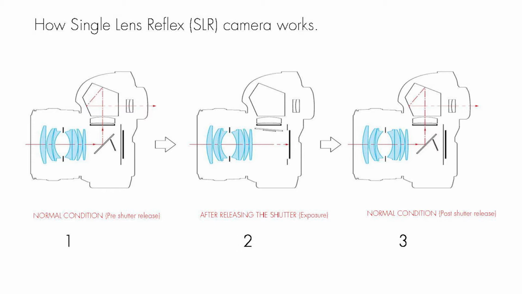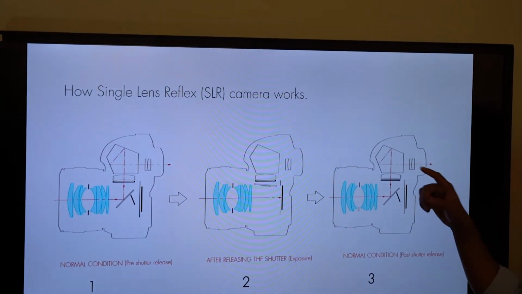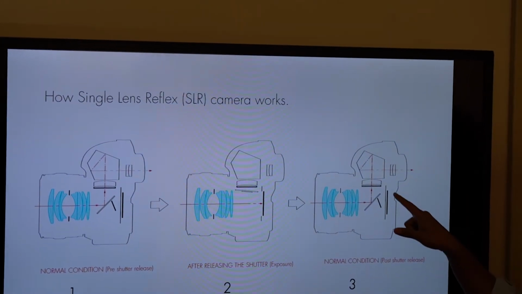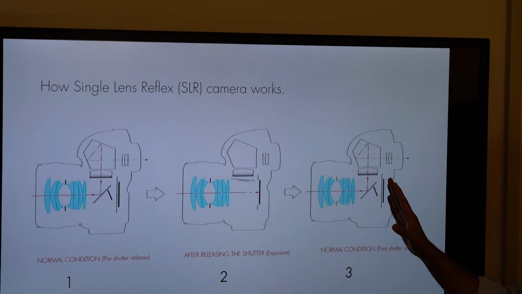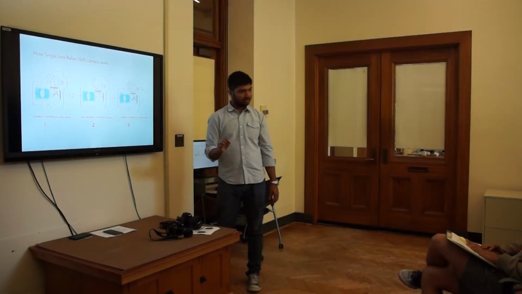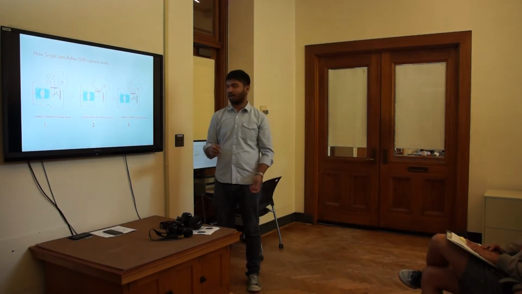There is lens and there is body, and within the camera body there is a mirror at 45-degree angle, and on top of that there is either a pentaprism or pentamirror, some kind of mirror which reflects the light, and at the back there is shutter, and after that there is either a sensor in case of digital SLR or film in case of film SLR.